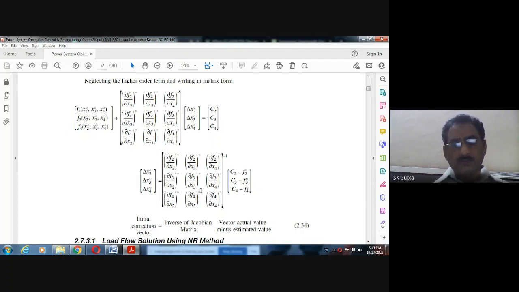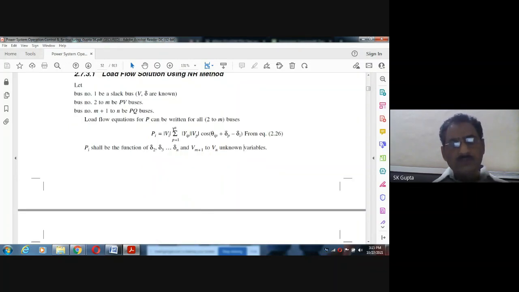After multiplying by the inverse of the Jacobian, we get the change in variables, the change in the estimated value. This correction is added to the previous estimated value, then we get the next iterated value. It goes on being repeated, and in this way the Newton-Raphson method is performed till two iterative values are nearly the same.